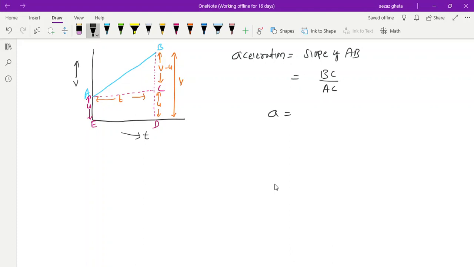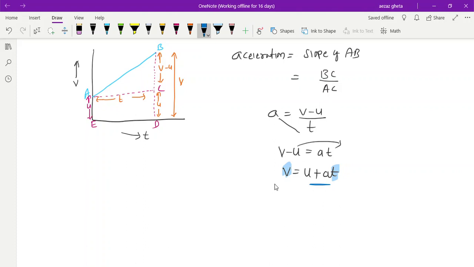So a is equal to BC, which is nothing but v minus u, divided by AC, which is nothing but t. If you cross multiply, you will get v minus u is equal to at, and if you transpose u to the other side, v is equal to u plus at. This is the relation between velocity and time. This is the way of deriving v is equal to u plus at, the first equation of motion.